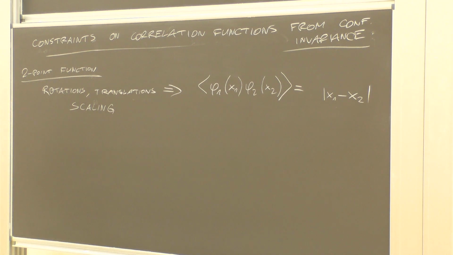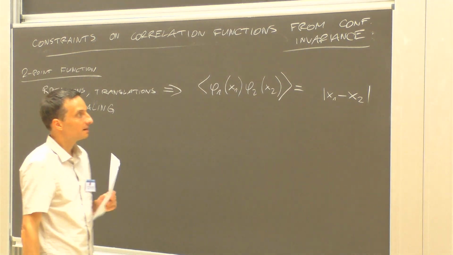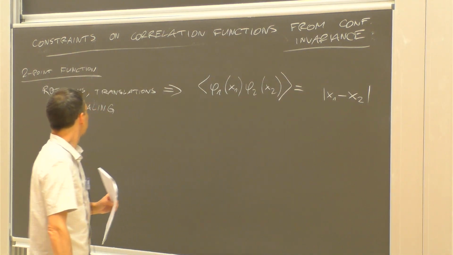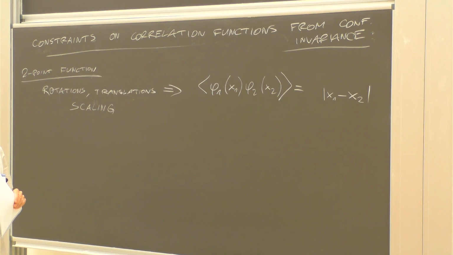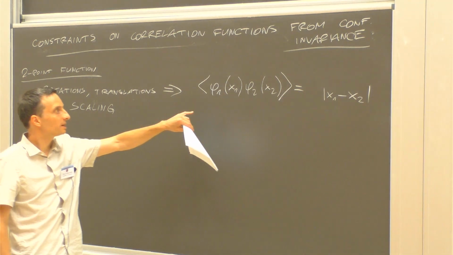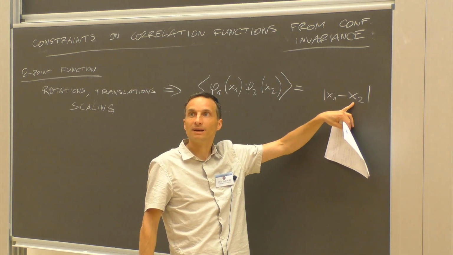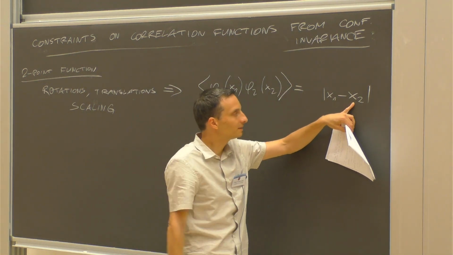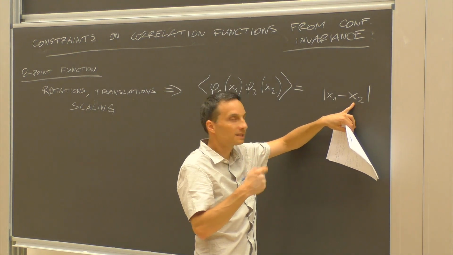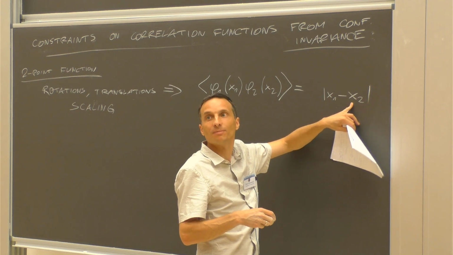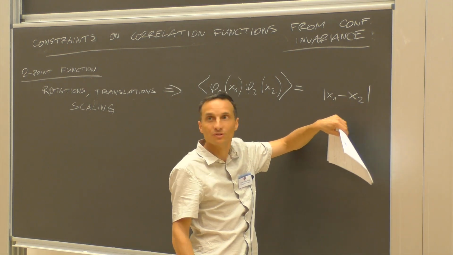if you would like to have invariance under scaling, it means that you shouldn't have any length scale in your theory. So in particular, correlation functions should not behave, for example, like exponents of something like this, because if you have an exponent or any other function which requires a dimensionless argument, you would need to divide this by something of dimension of length.